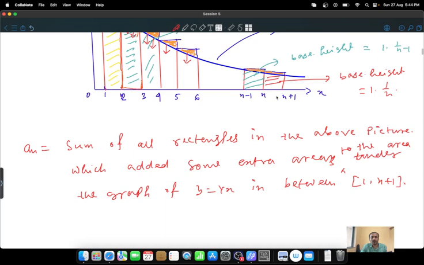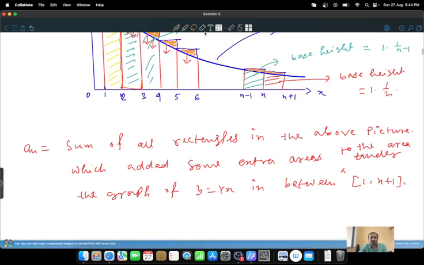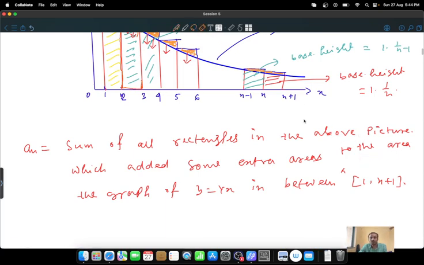Because I have 1 here and the maximum is n plus 1. Let me write it in the above picture: which added some extra areas to the area under the graph of y equals 1 by x in between 1 to n plus 1.